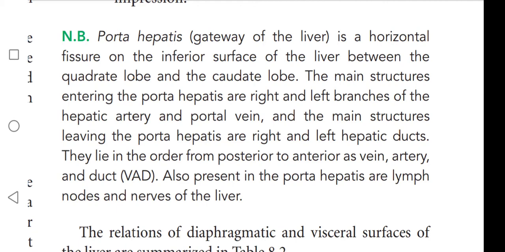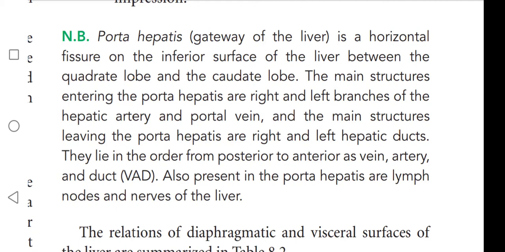The main structures entering the porta hepatis are the right and left branches of the hepatic artery and portal vein, and the main structures leaving the porta hepatis are the right and left hepatic ducts.